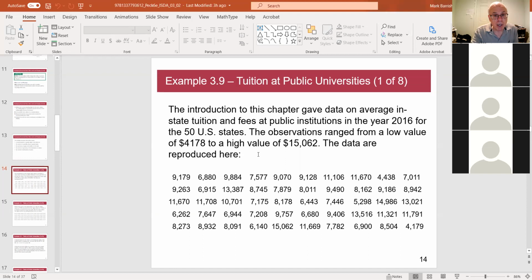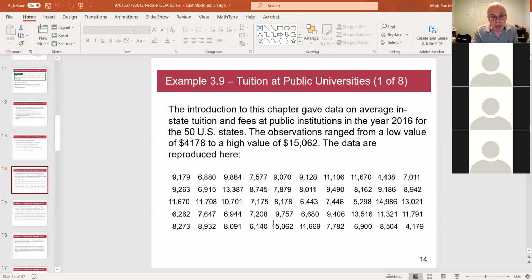You can see pretty low, right, for an in-state school compared to private schools, quite low. Notice it says here the observations range from a low of 4,178 to a high of 15,062.